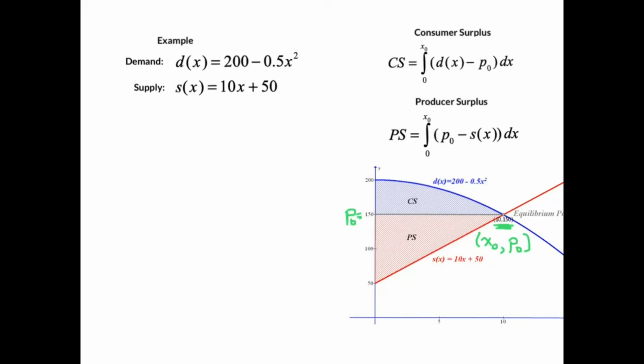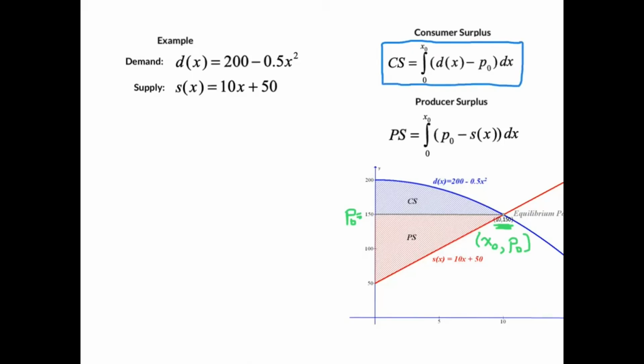And what that does is it divides the region up into two parts. We have the upper region, which is the consumer surplus. It's between the demand function and the equilibrium price. And if you can draw this and you understand area between curves, that's what determines the consumer surplus definition, which you don't even really need to memorize if you know what you're looking at.